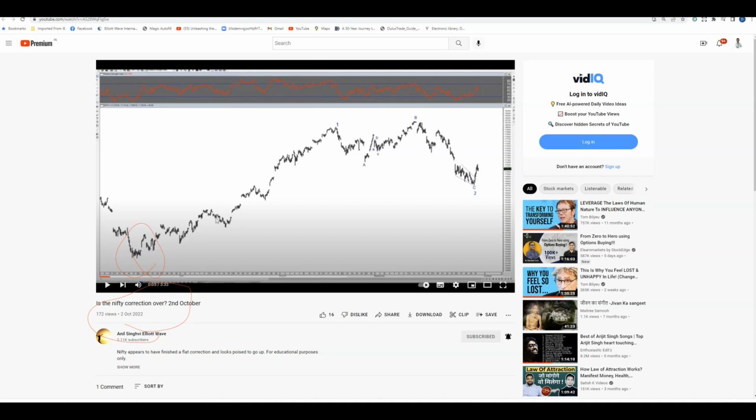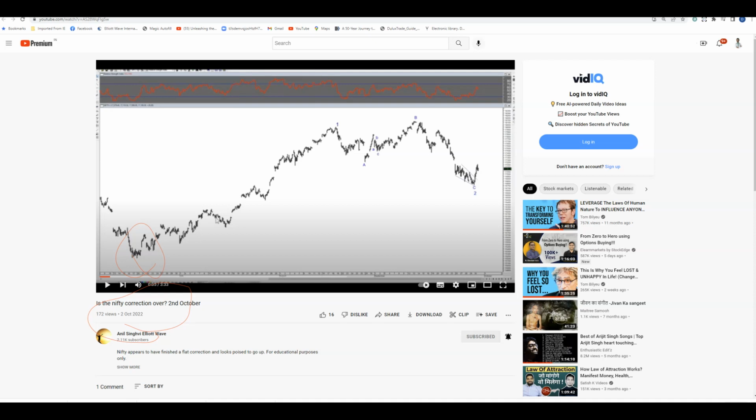And again on the 2nd of October we explained why the bottom was probably in for this down move. So I would urge you to go back and watch that analysis and the previous analysis just to understand how the Elliott wave principle is helping us in analyzing this crazy market action.